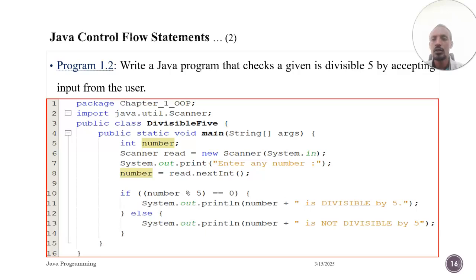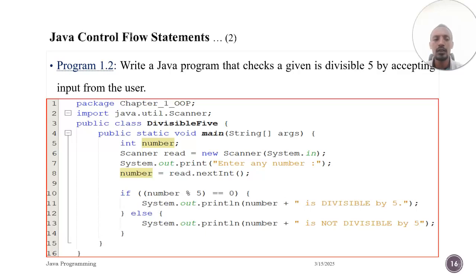As I told you in the previous lecture, we have to create a Java project independently, a Java package independently. Then you have to create our class according to our package. For now, our package is chapter 1, OOP overview, the Java overview. Then import java.util.Scanner. Why are we using this Scanner? To take an input from the user.